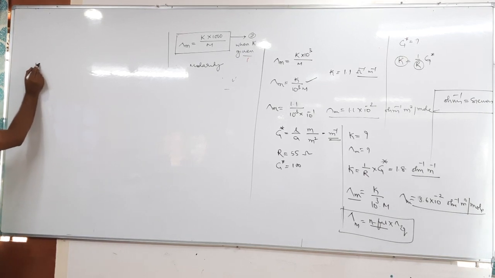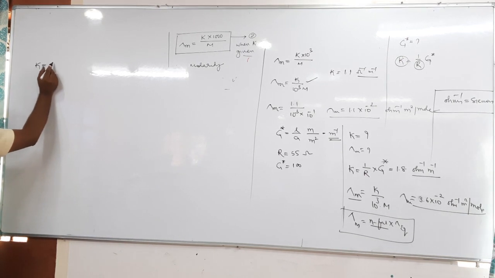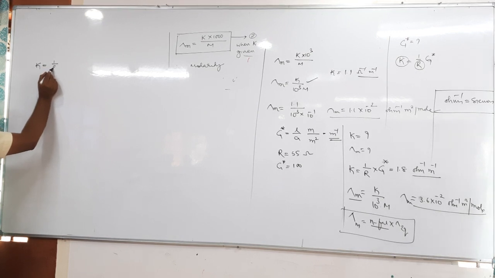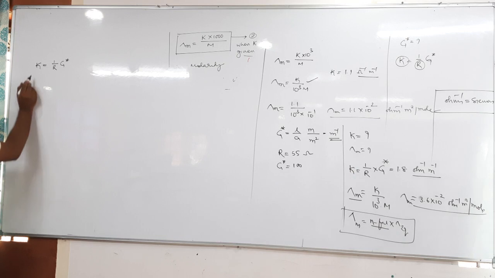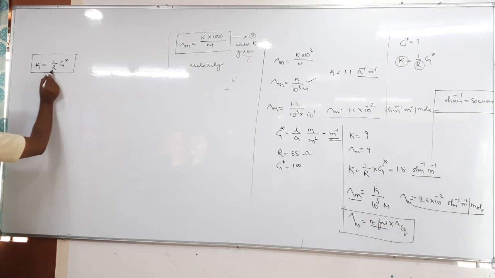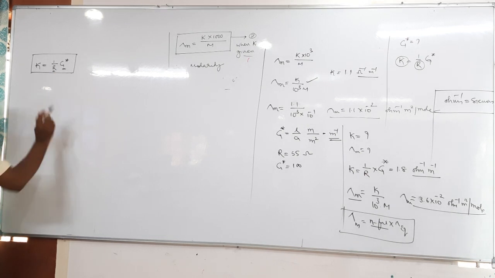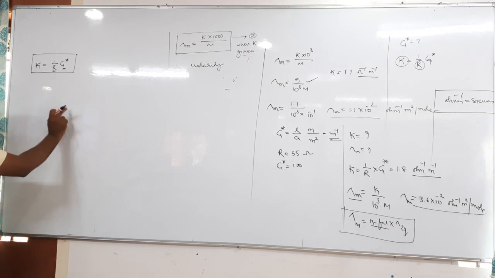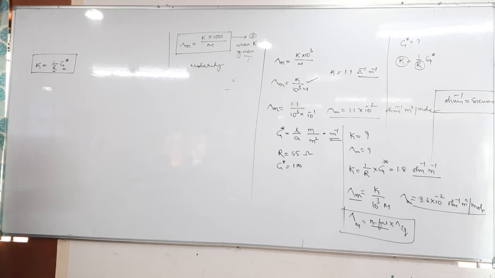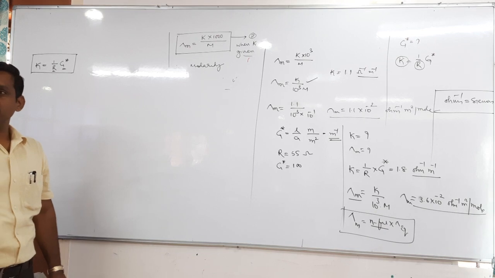To calculate K, it is 1 by R into G star. The R value is given, but the G star value is not given, so we have to calculate it. It is mentioned that it is the same cell, isn't it?